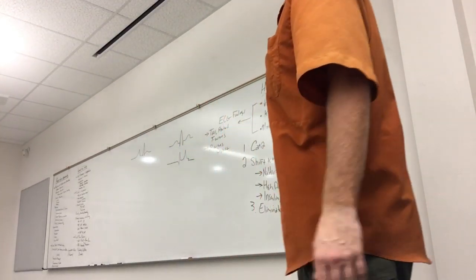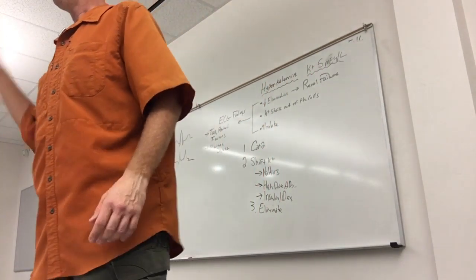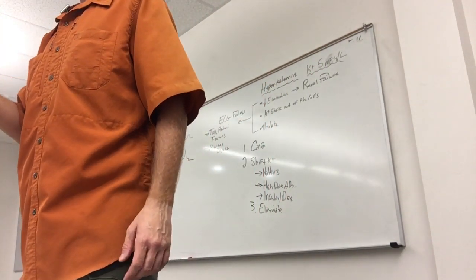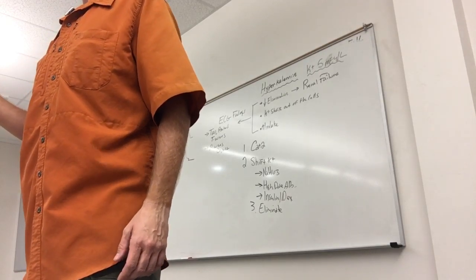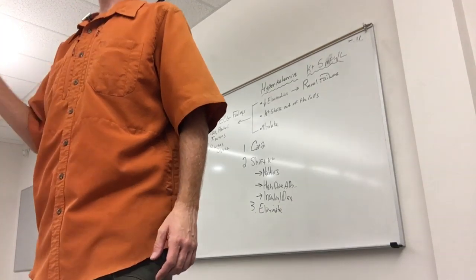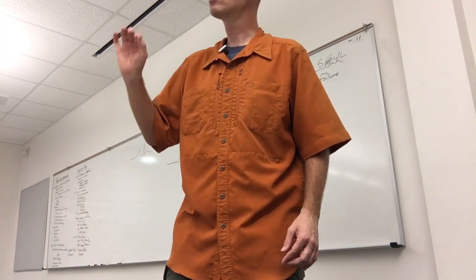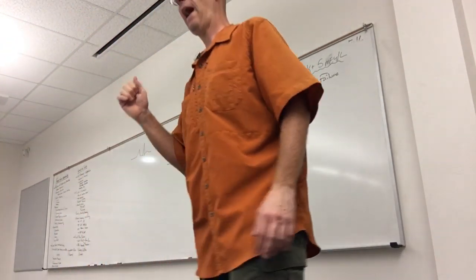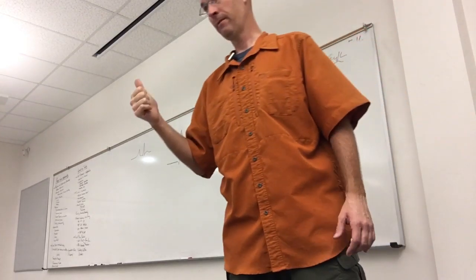And in general, with electrolyte imbalances, the more rapid the imbalance occurs, the more severe the signs and symptoms. Okay? So it's not solely based on the lab value. It is also based on how rapid the electrolyte imbalance occurred.